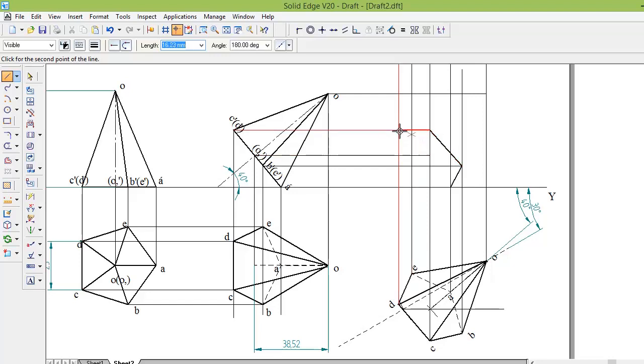This is D. This is E. So this comes to the pentagonal pyramid. So now from apex point O, we need to connect all the edges. First I will connect all the edges, then I will mark the hidden ones.